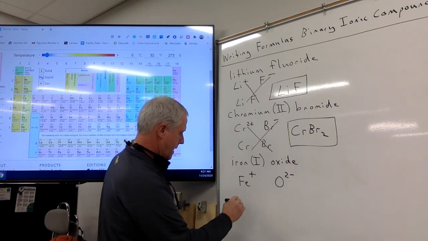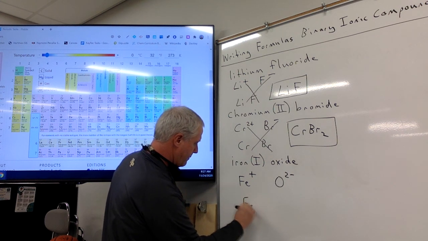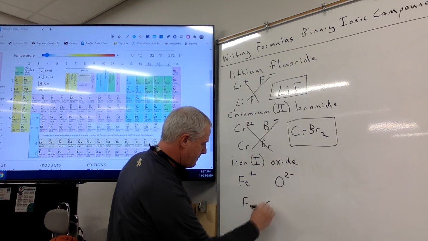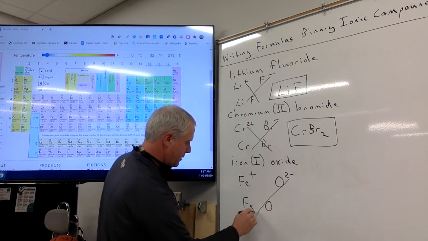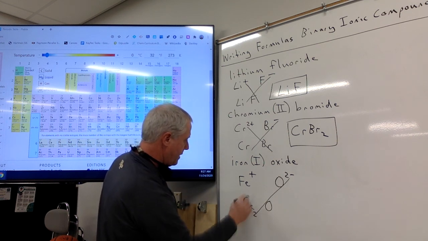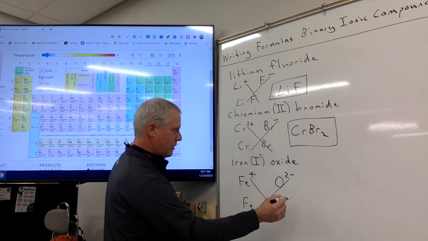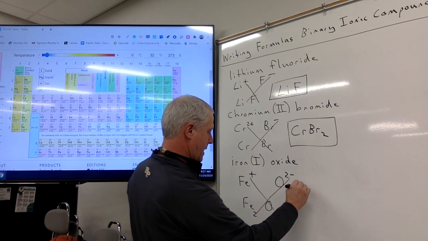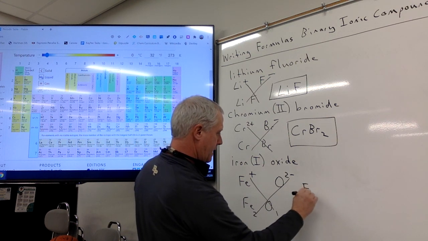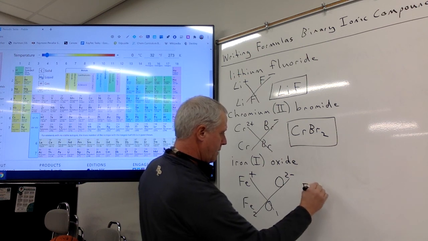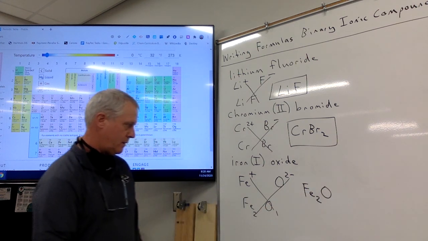Okay, so now let's figure out what our formula would be here then. So if we take the 2 and bring it to here, 2 there, 1 to there. So that results then in a Fe2O formula.